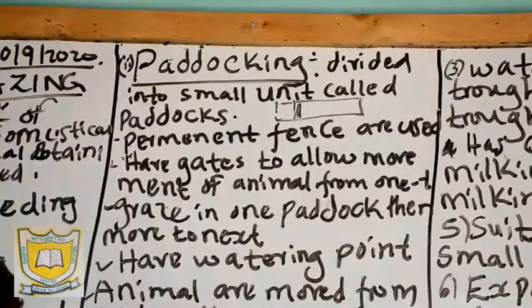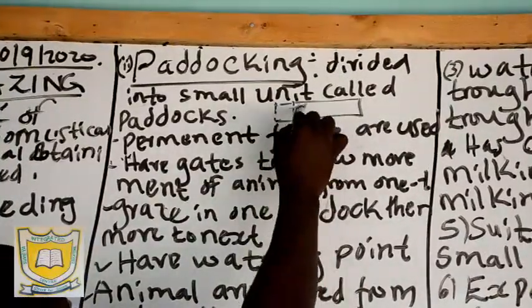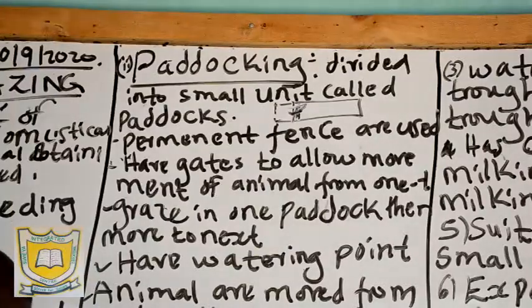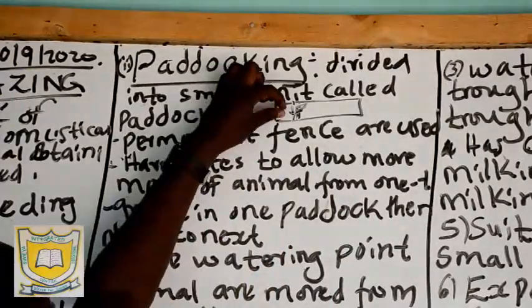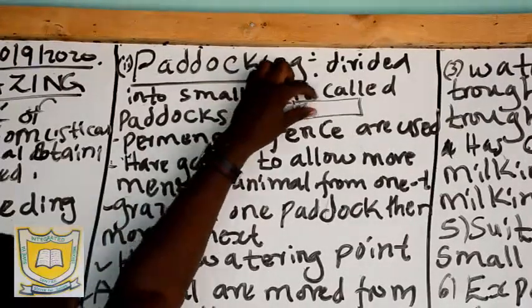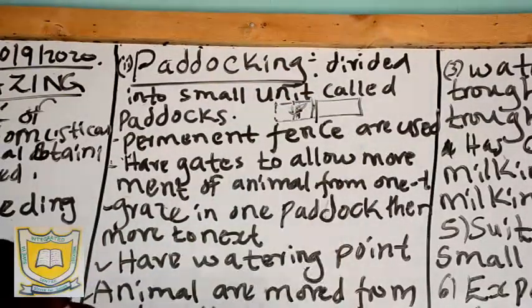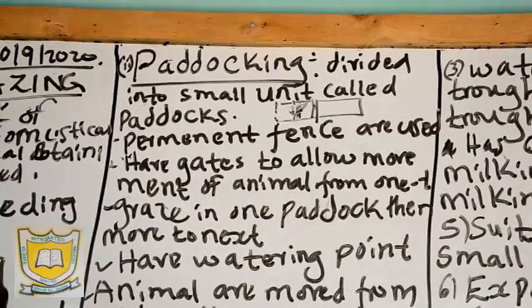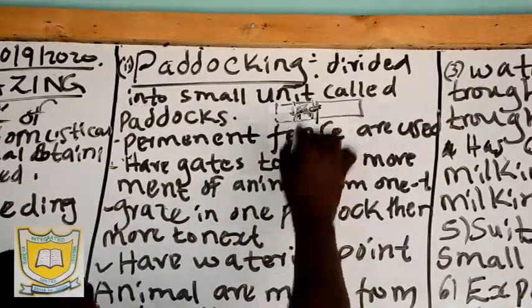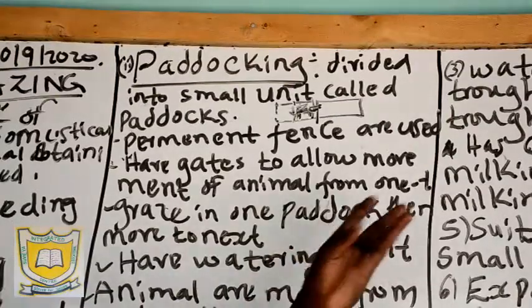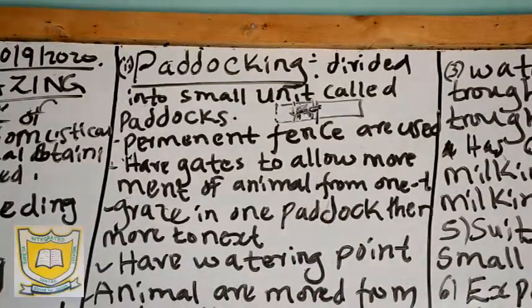After a given period of time, you will find that every portion or every unit has a gate. This gate allows the movement of the animal from this area to the next unit of the pasture. After the animal finishes eating there, we have another gate that allows the continuous movement of the animal from one unit to another.